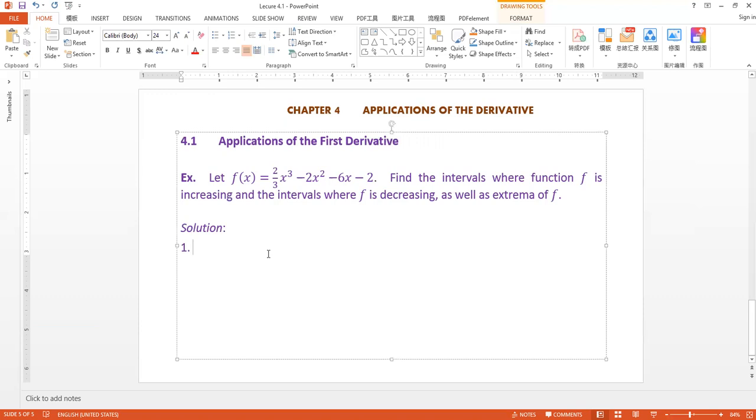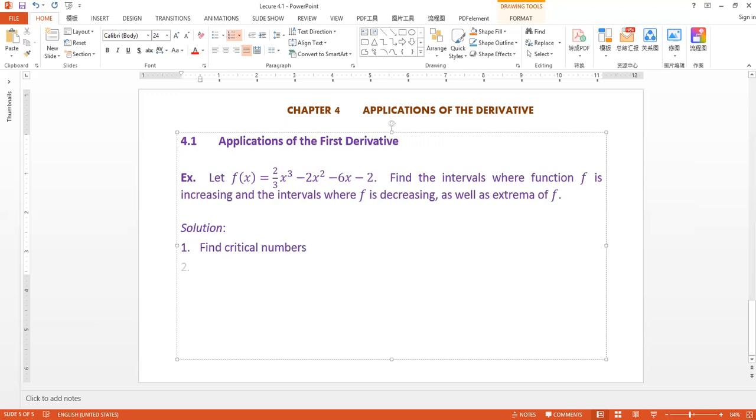The first step is to find the critical points or critical numbers. The critical numbers are the numbers where the derivative is 0 or does not exist.